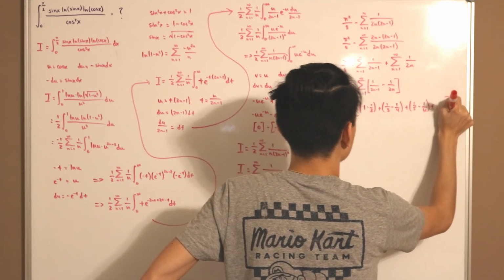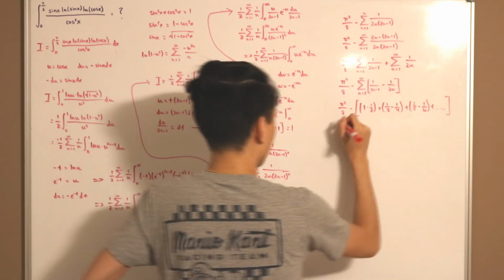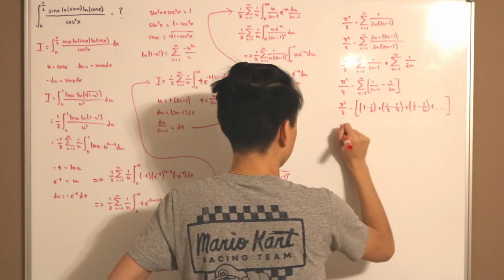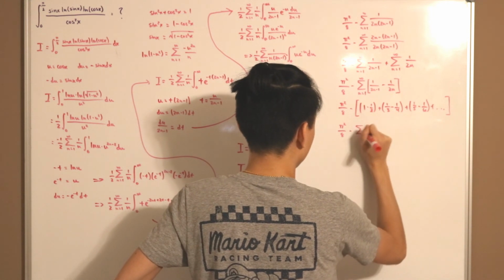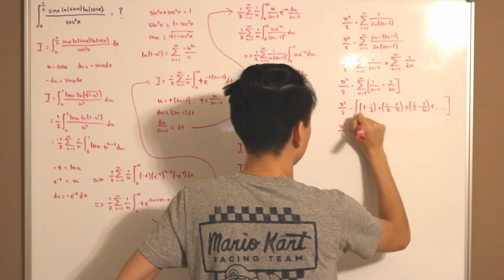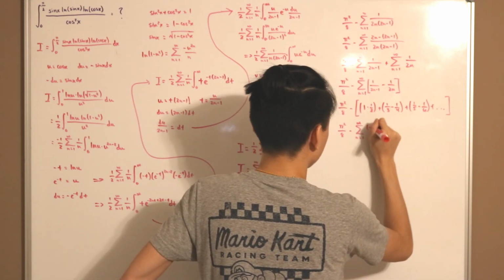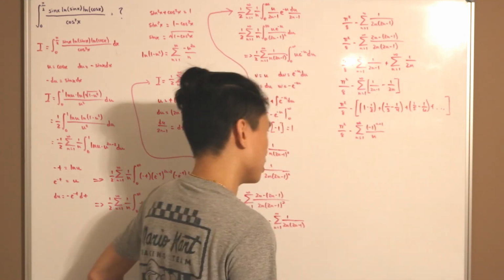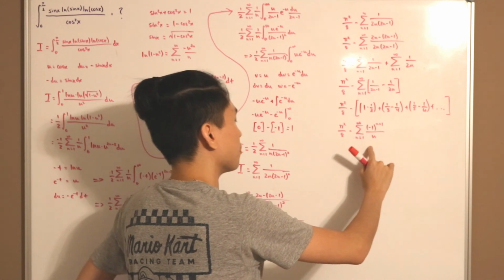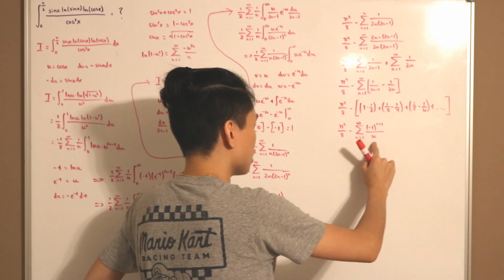Another way to rewrite this series is as the summation from n equals 1 to infinity of (-1) to the n plus 1 divided by n. If you pay attention closely, this is an example of an alternating harmonic series.